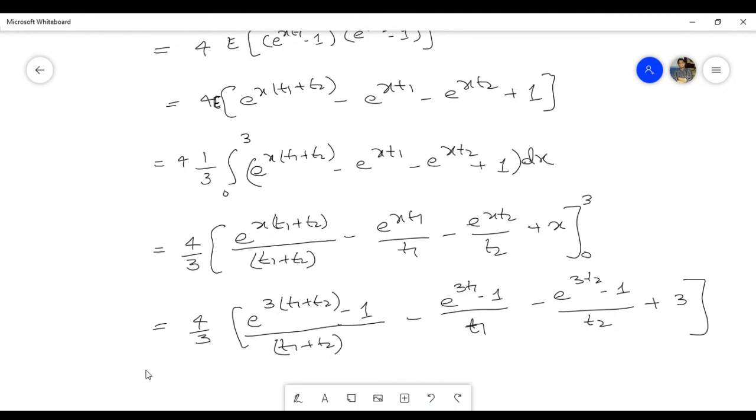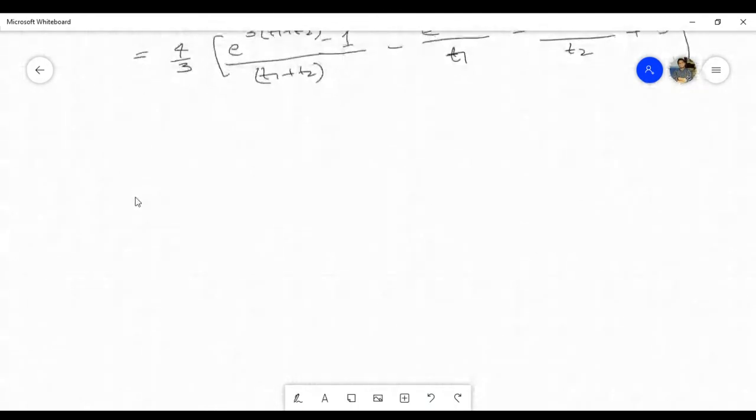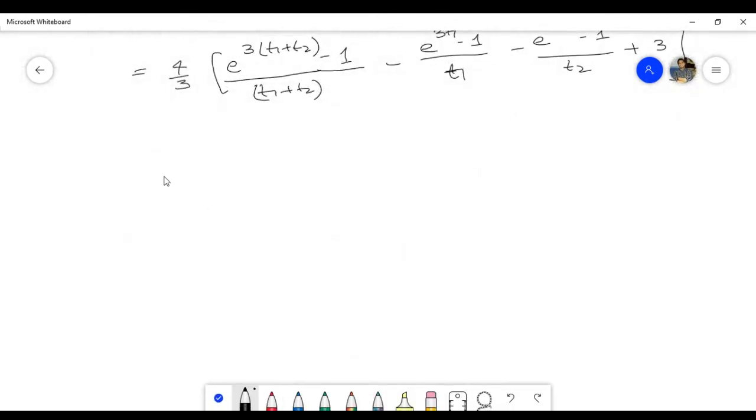This is the autocorrelation function. Mean square value, how do we find the mean square value? Mean square is expected value of v of t into v of t. So expected value of 2 e power xt minus 2 into 2 e power xt minus 2.